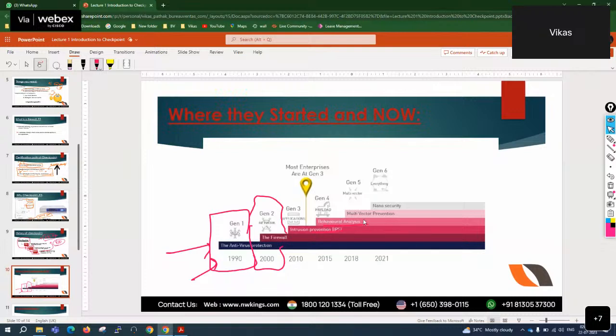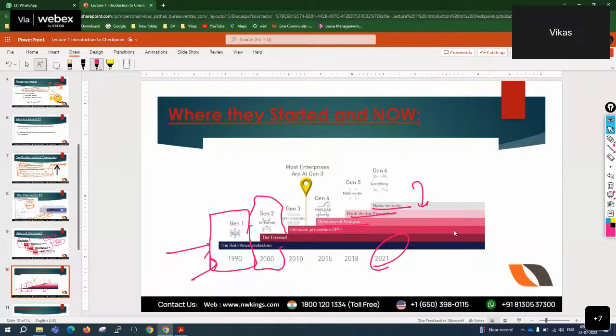Then we had behavior analytics, then multi-vector prevention, then nano security. So right now, Check Point in 2021 is working on the nano security part. And that's the reason I always say Check Point is the company that has the biggest R&D team available in the market.